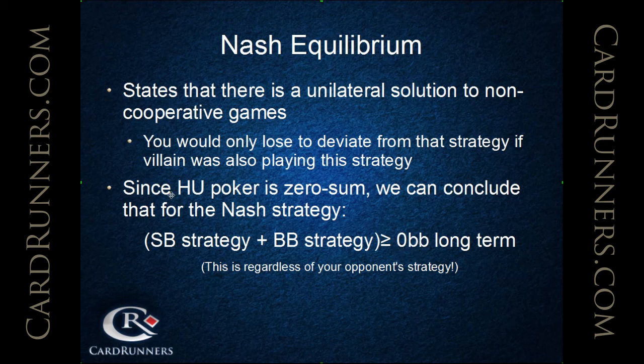Obviously, we're not going to look at the 3+ handed games right now. But this doesn't necessarily mean that the BB strategy itself is an automatic 0 BB or more winner, and that doesn't mean the small blind strategy itself is a 0 BB or more winner. It's that your overall strategy for the whole game is non-losing or break-even.